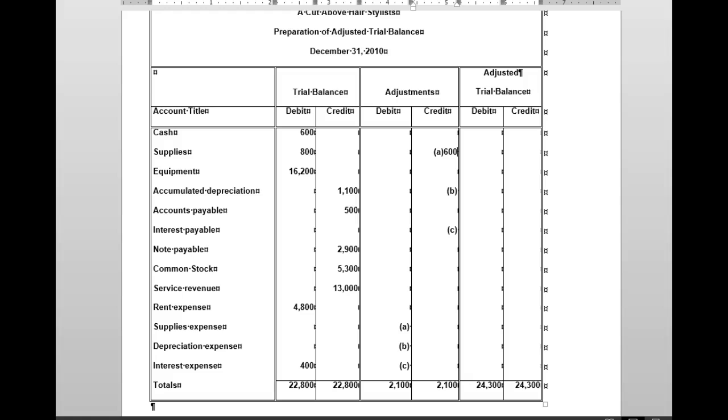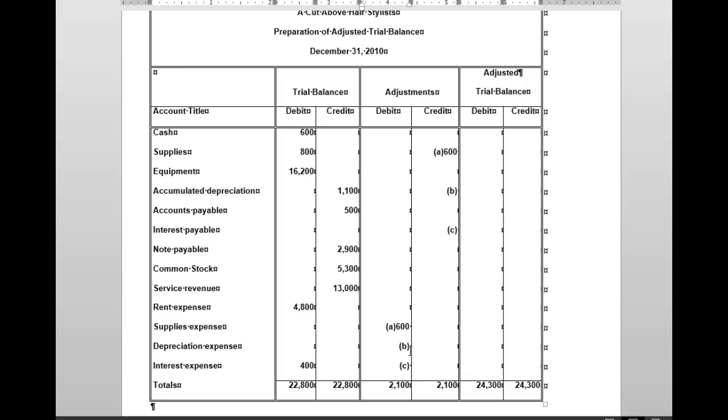So $600, that's a credit to a debit, so that's going to subtract from the supplies. But whenever I do one side, I've got to do the other side to keep it in balance. So I've used up supplies. I need to increase my supplies expense by $600. And an expense has a debit balance, right? So I increase it by debiting it.